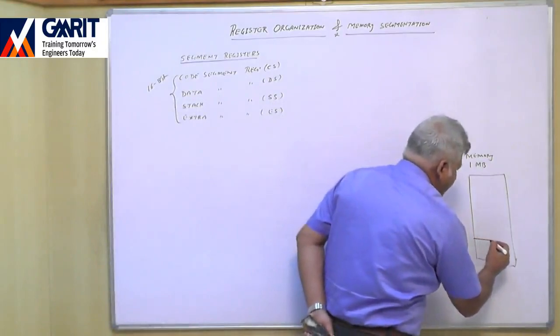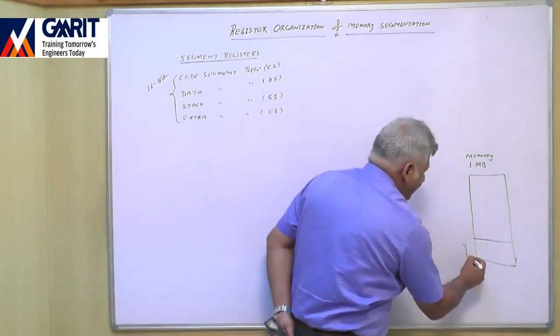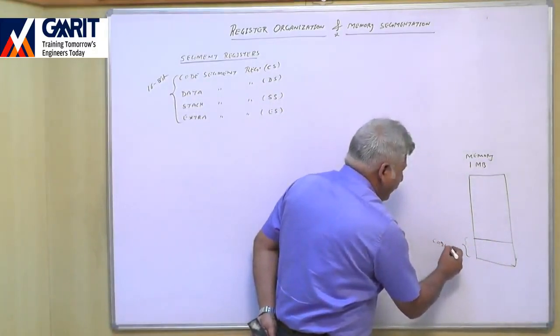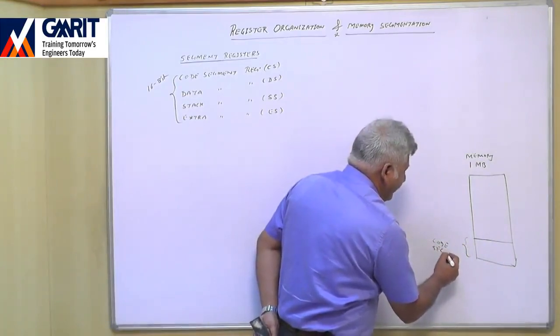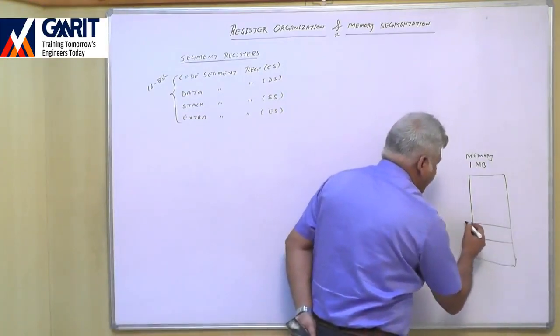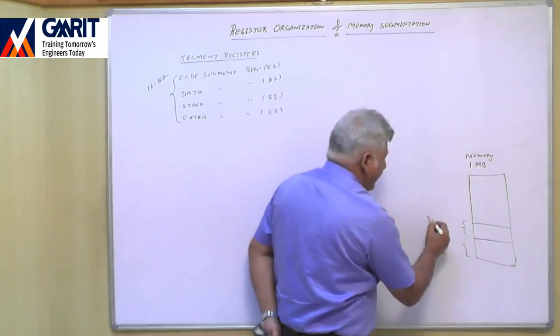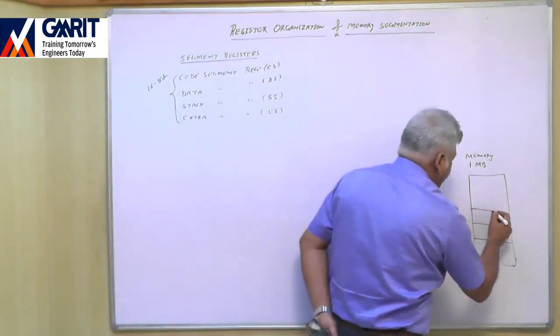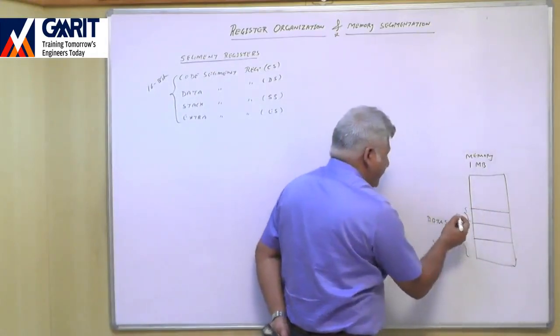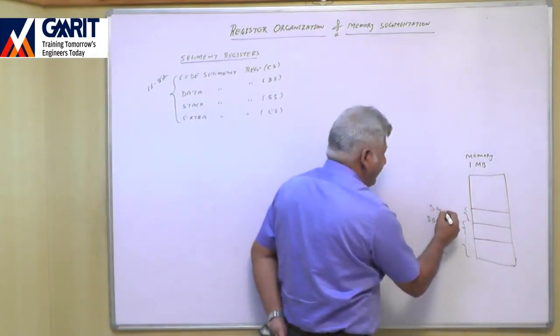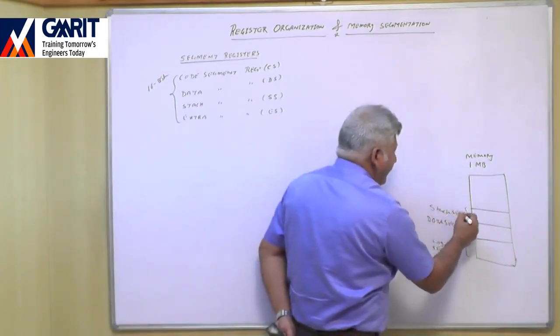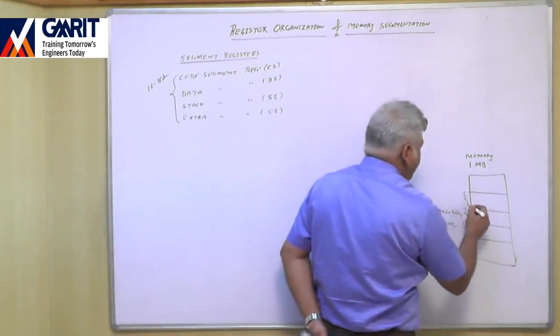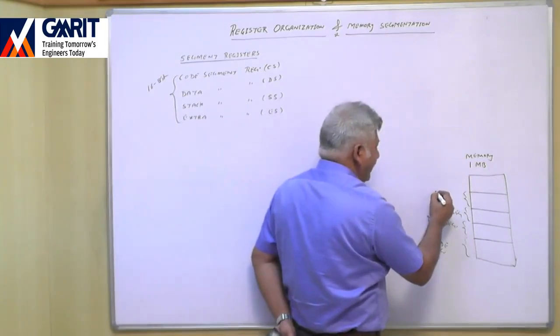Let us assume this portion is our code segment, this portion is our data segment, this portion is our stack segment, and this portion is the extra segment.